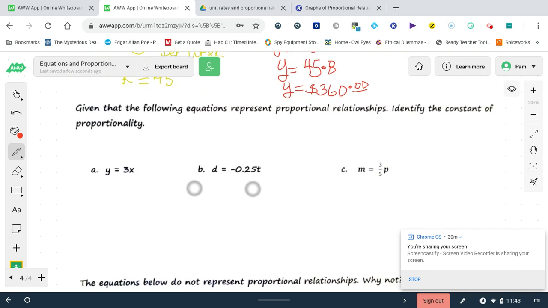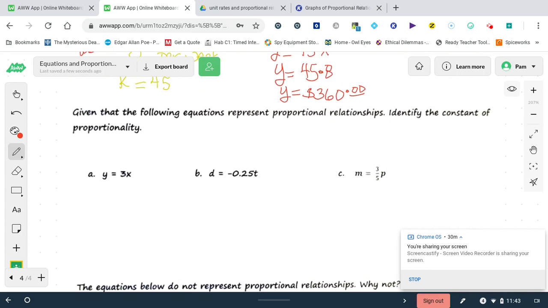It says, given that the following equations represent proportional relationships, identify the constant of proportionality. Because remember, all proportional relationships are in the form y equals kx. Well, k is your constant of proportionality. But I want you to notice, every time k was attached to one variable, what variable was k attached to? k was always attached to x.